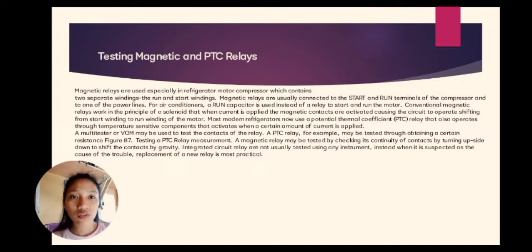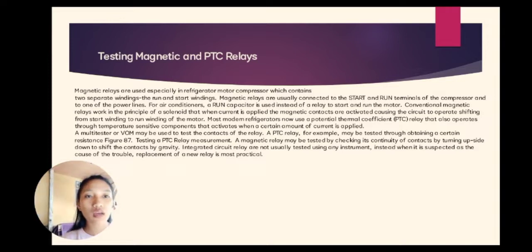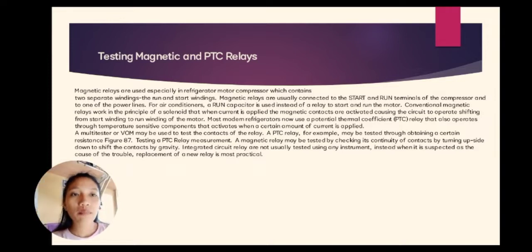A multitester or VOM may be used to test the contacts of the relay. A PTC relay, for example, may be tested to obtain a certain resistance. Figure 87, testing a PTC relay measurement.